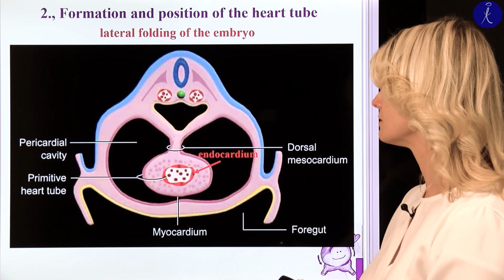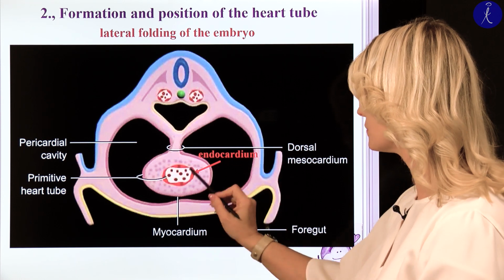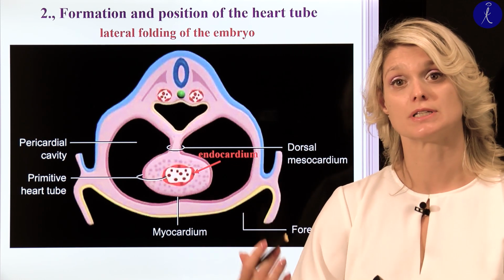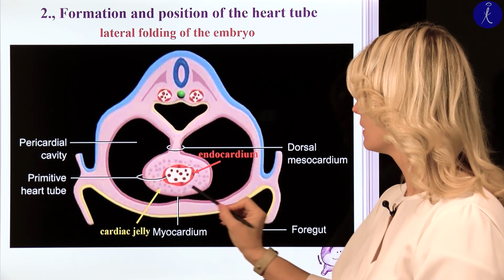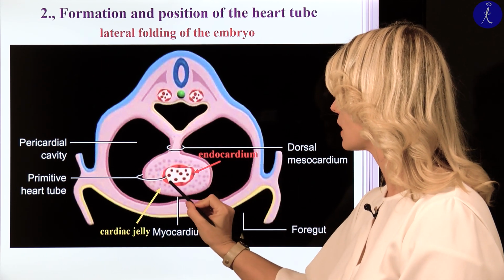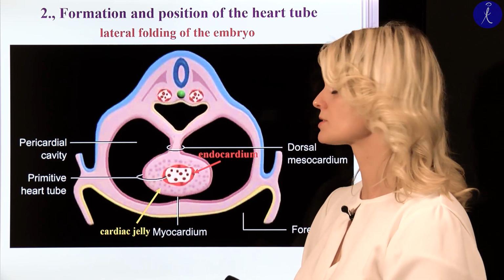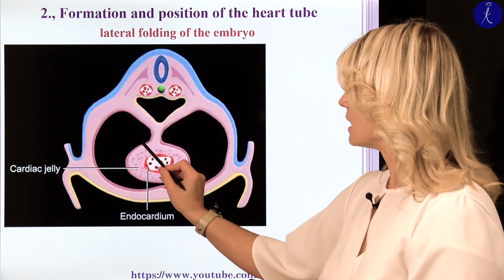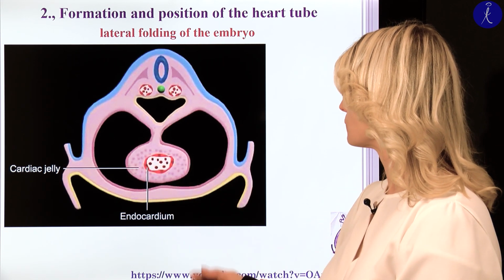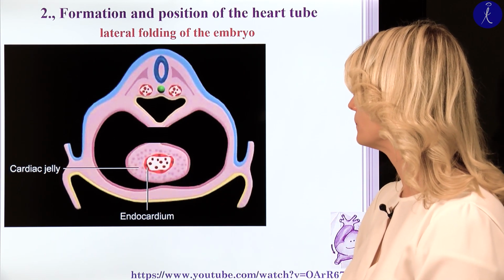But during the development, here you can see the different cells. As I told you, the endocardium. Here you can see the myocardium as a special jelly. It's called the cardiac jelly. And finally, the outermost layer is visible too.